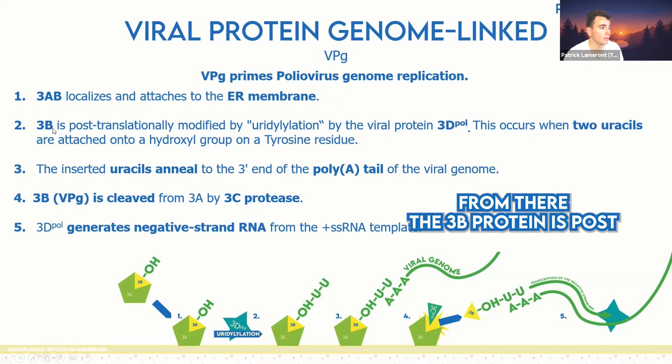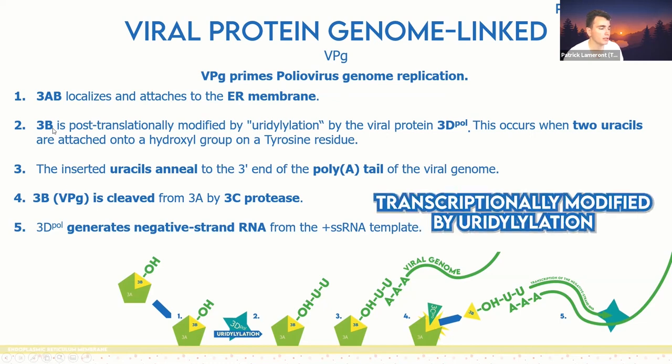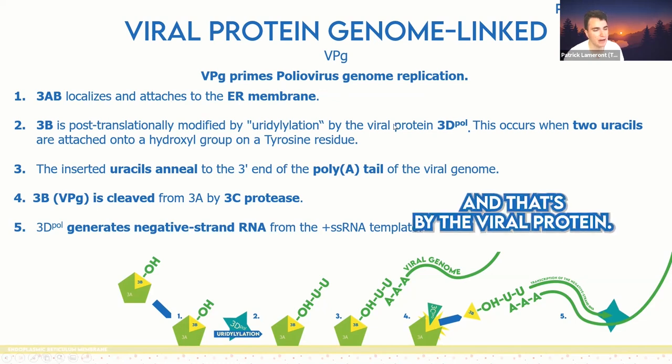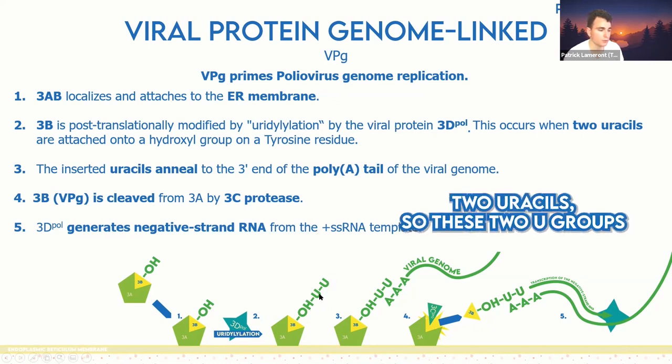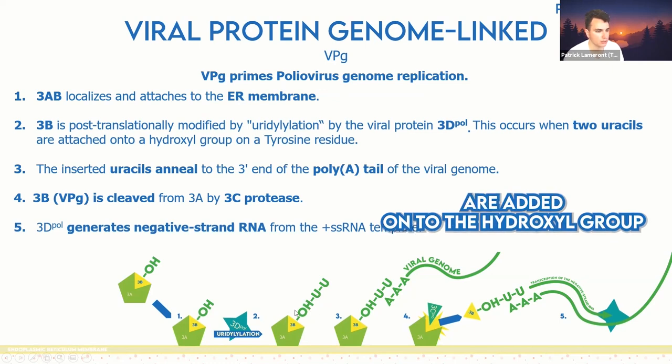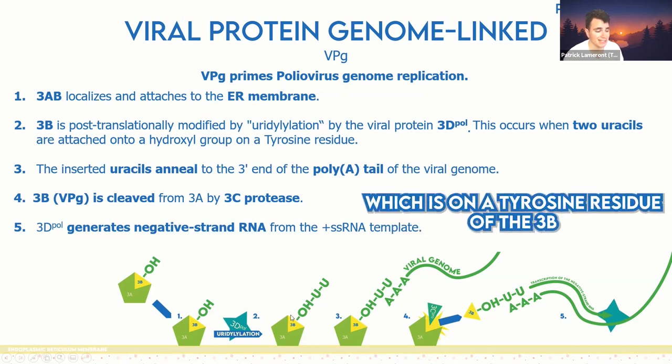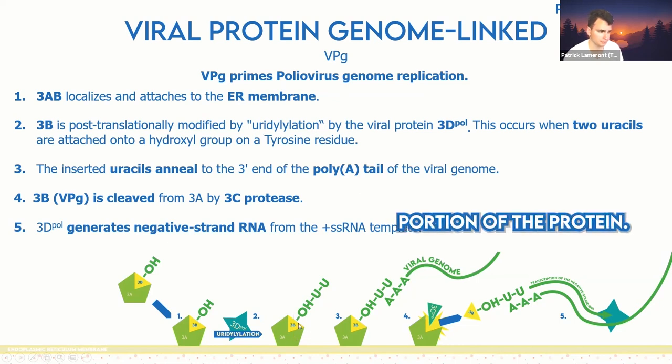From there, the 3B protein is post-translationally modified by uridylation, and that's by the viral protein 3D polymerase. When that happens, 2 uracils, these 2 U groups, are added onto the hydroxyl group on a tyrosine residue of the 3B portion of the protein.